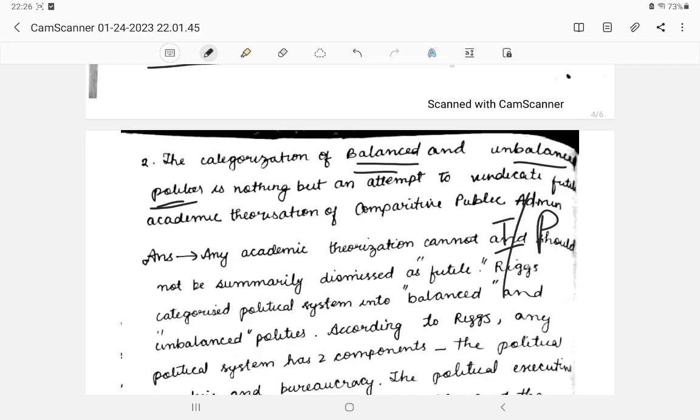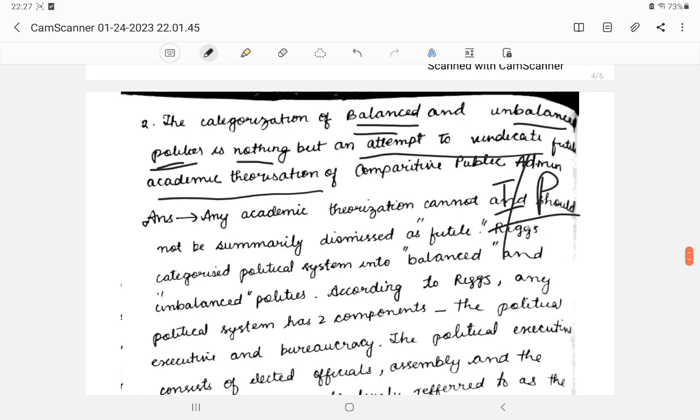Categorizing them like this is nothing but an attempt to vindicate futile academic theorization of comparative public administration. So differentiating like this disregards comparative public administration, giving it no importance. Do we agree or not? We do not agree, because whether it is India or Pakistan, we have to learn something from these countries.